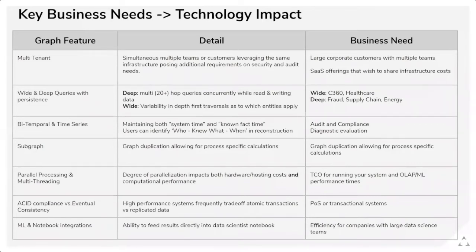And then machine learning and notebook integrations. What we find oftentimes is the graph database is not the end all and be all for all of your analytic needs. And oftentimes what you find is that maybe my graph database requires some pre-processed results, and maybe I want to ship that off to a different data science ecosystem, such that it can be analyzed further with other larger data science teams. Next slide.